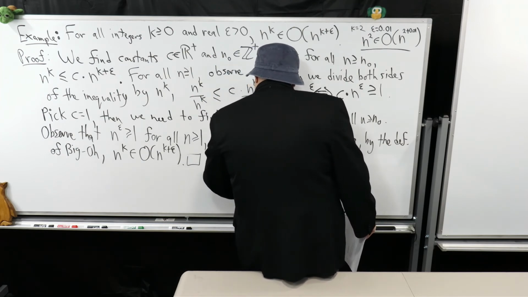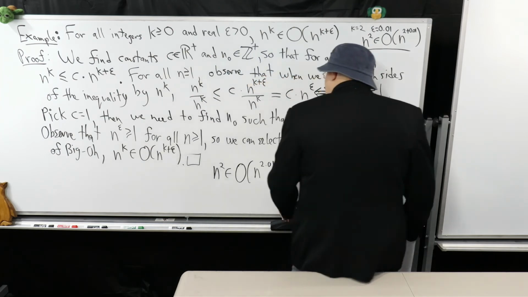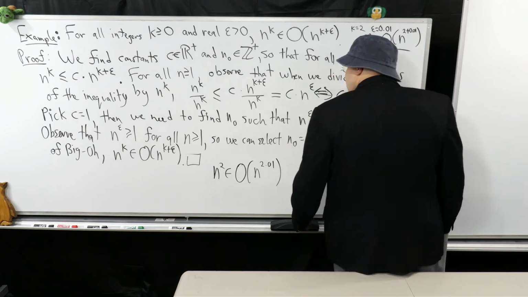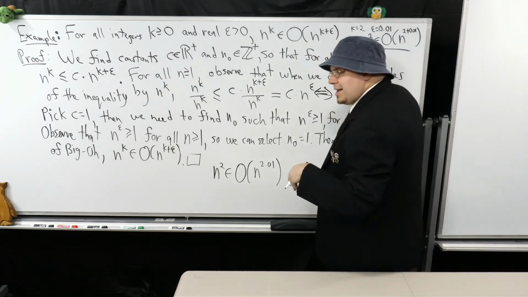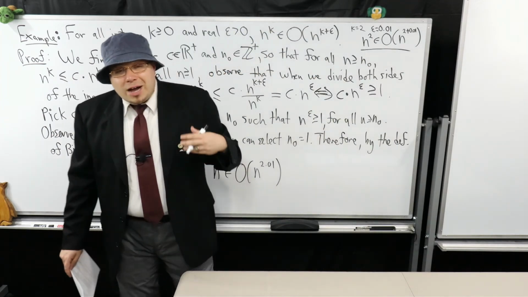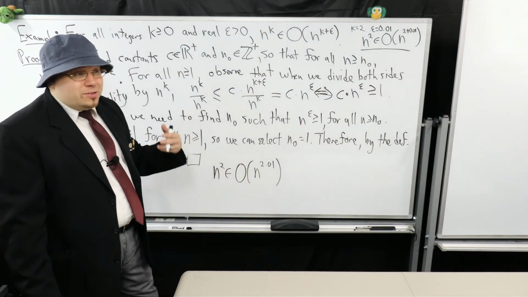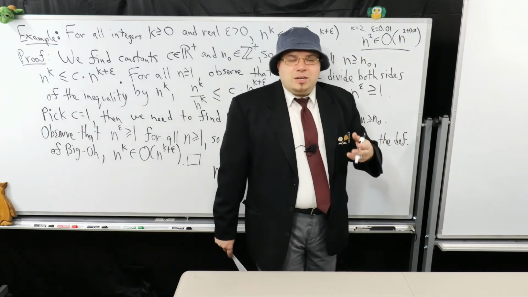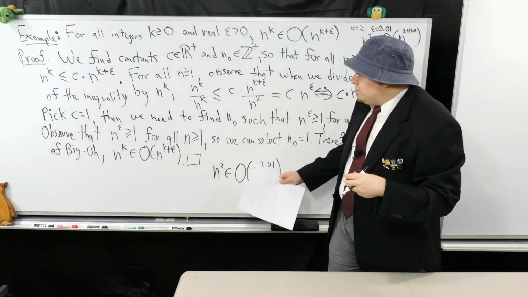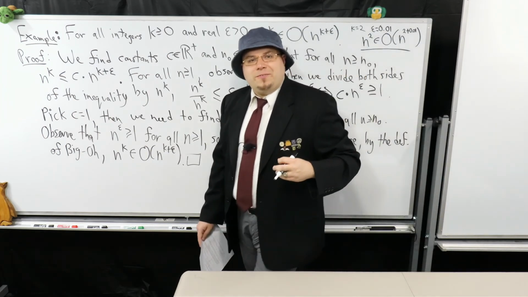Things like n to the 2.1, or 2.01 right there. You can prove all sorts of claims like this using that. And keep in mind that epsilon can be as big as you want it to be as long as it's some finite constant. So this is actually a pretty broad statement, and this gives you the simple recipe for how to deal with that.